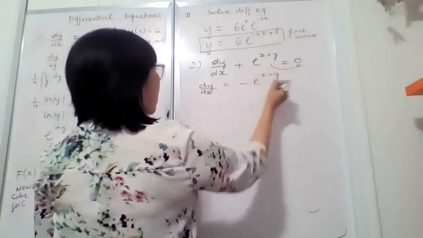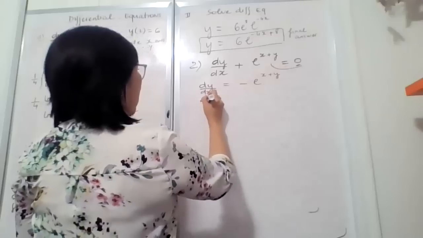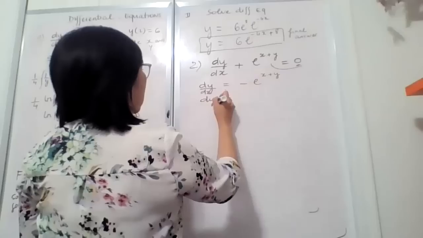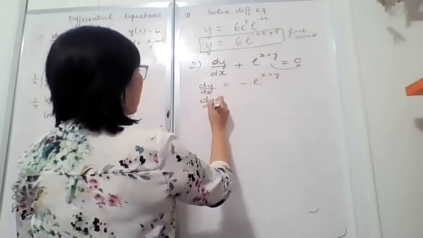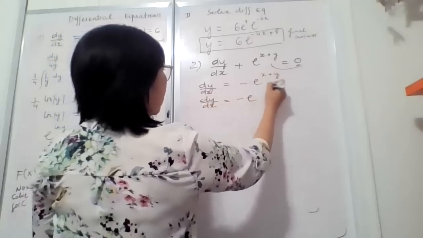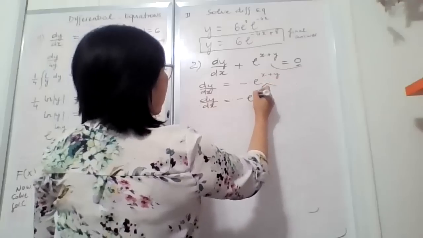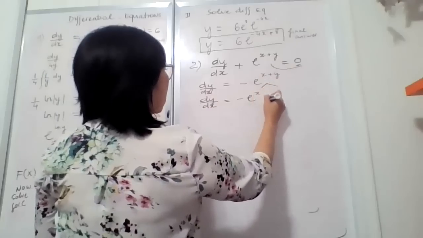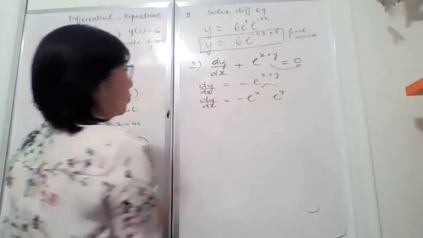And I'm going to kick the dx up to here. Dy over dx equals, I'm going to separate this equation to become minus e to the x times e to the y.